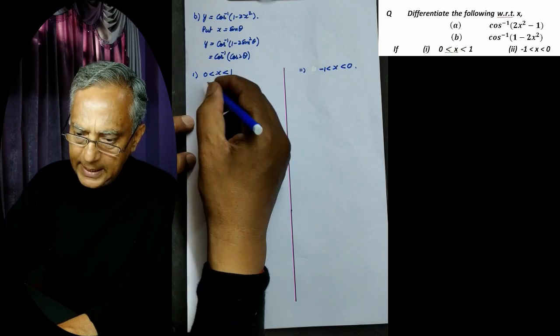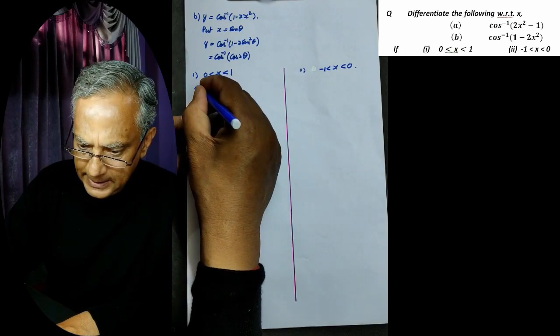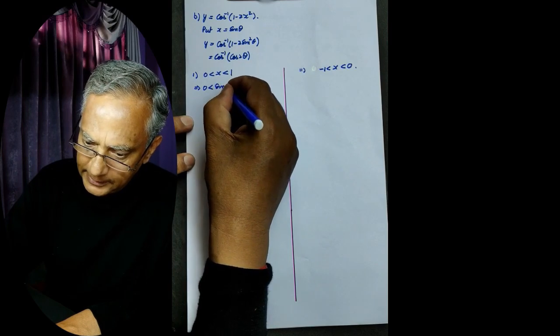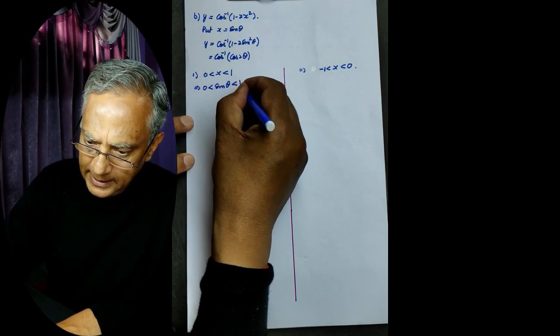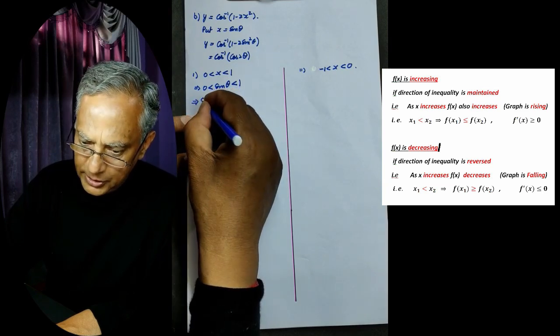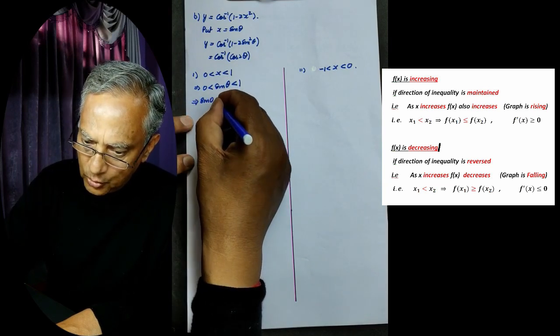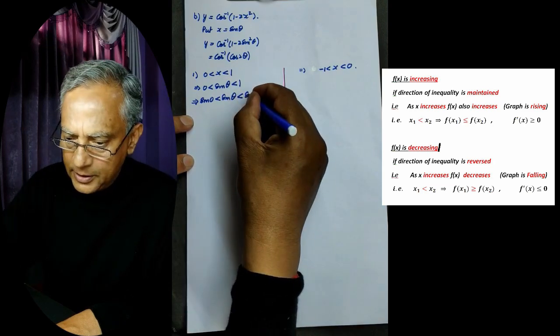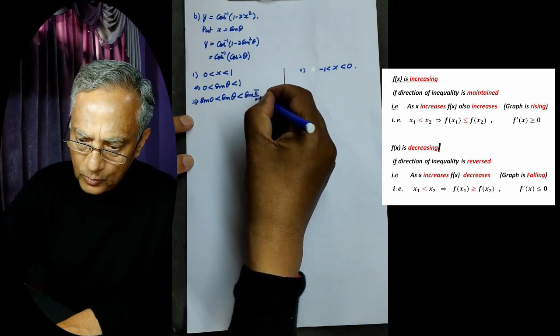Now 0 is less than x is less than 1 implies 0 is less than sine theta is less than 1, and this implies sine 0 is 0, less than sine theta is less than sine of pi by 2.